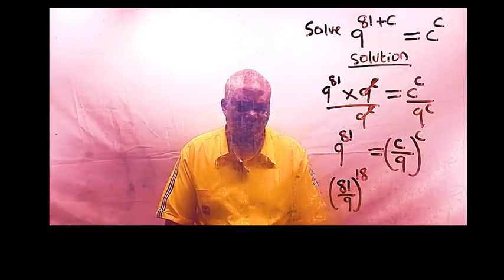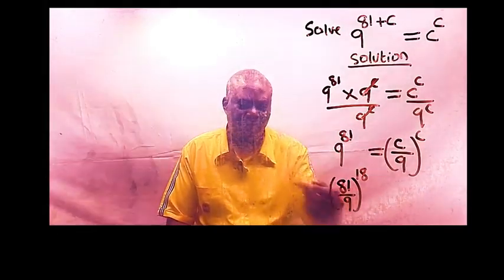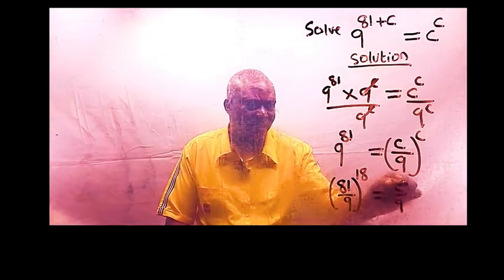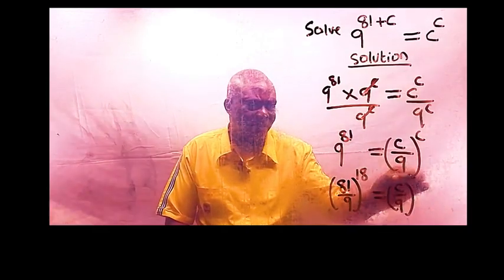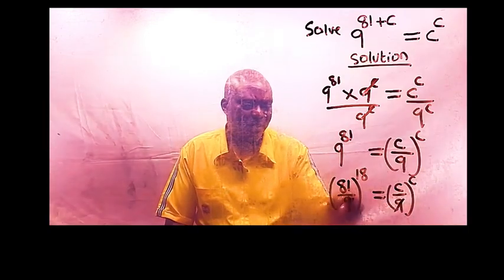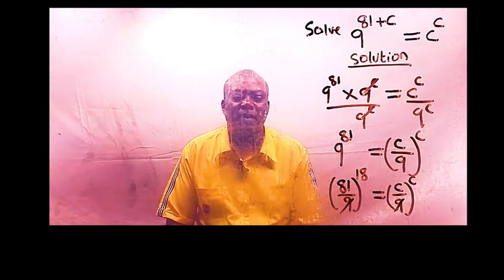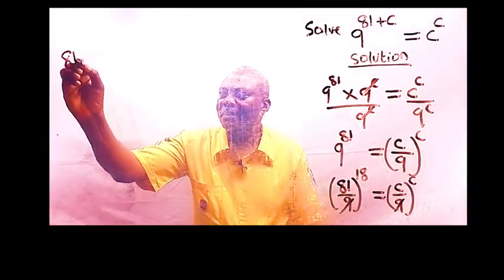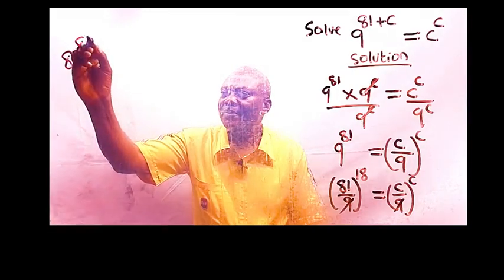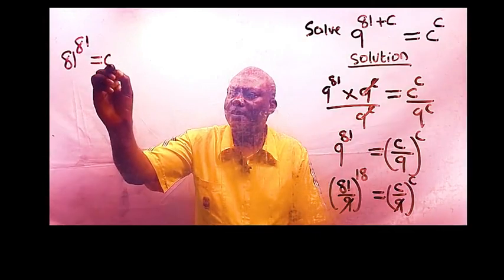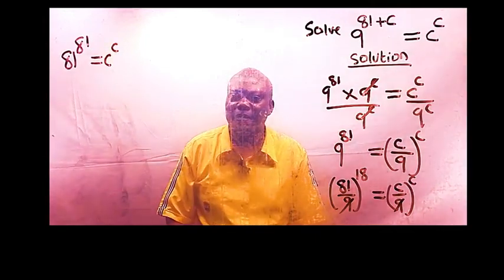You see, because 81 divided by 9 is still 9, and equals c over 9 all to the power of c. Here, this 9 and 9 will go, and what will survive here will be 81 to the power of 81 equals c to the power c.